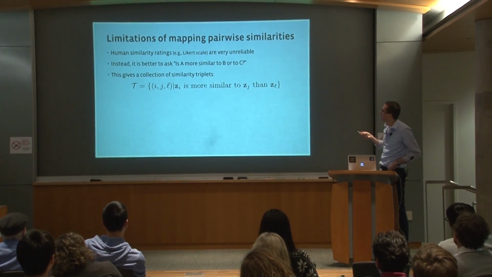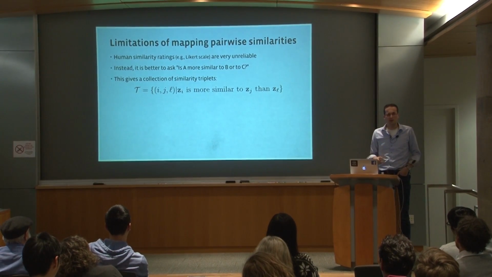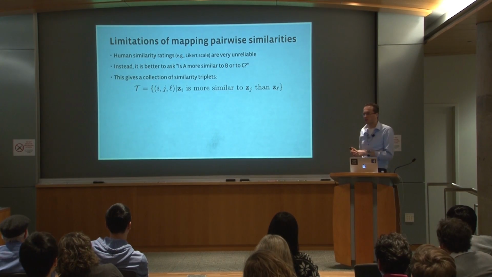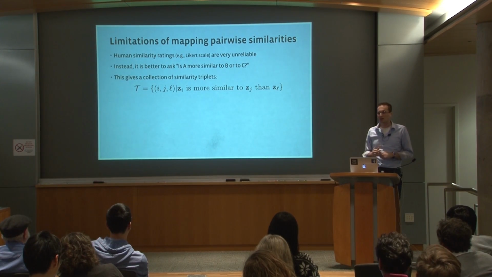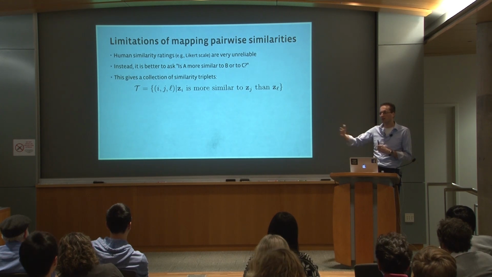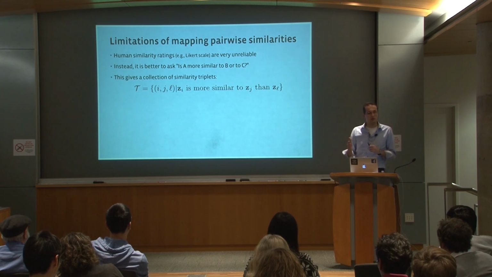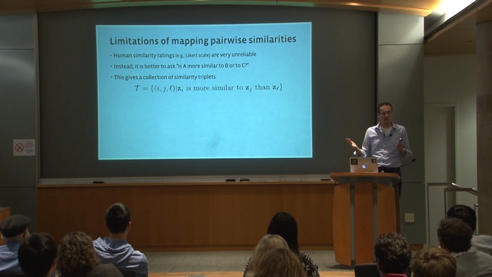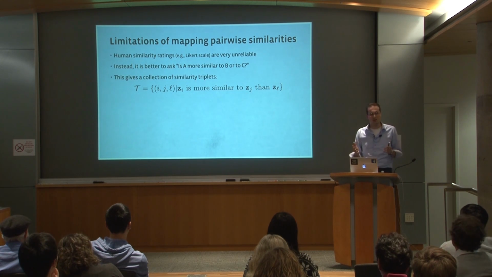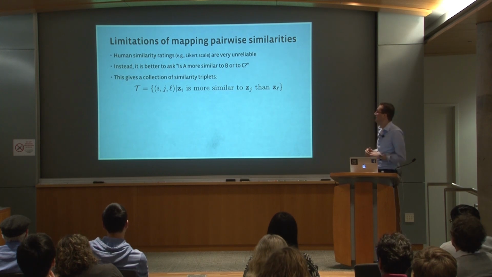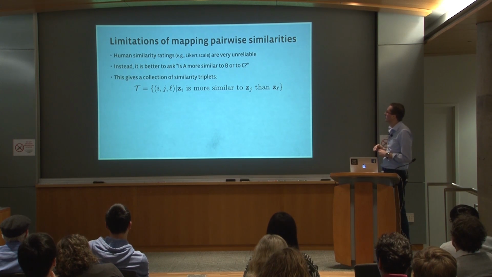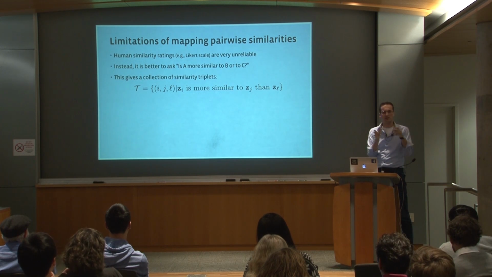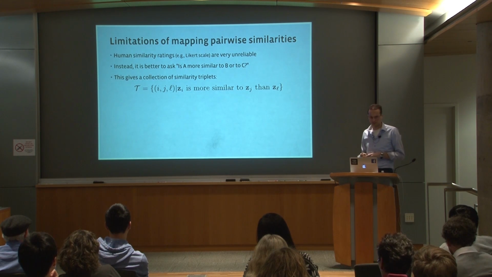You always have the problem that human similarity ratings are very, very unreliable, right? If I ask you on a Likert scale how similar a Fiat is to a Ferrari, then some of you will say 5 because both are Italian cars, but some of you will say 1 because Ferrari is awesome and a Fiat's not so much. So these things are very unreliable, and also, people have different internal scales of similarity.